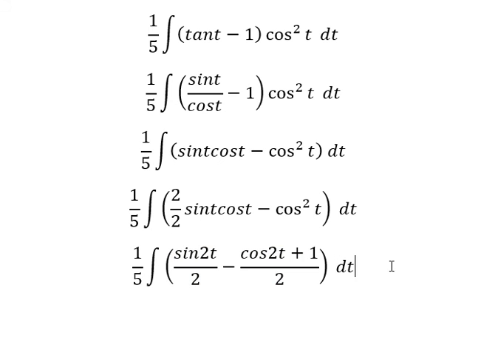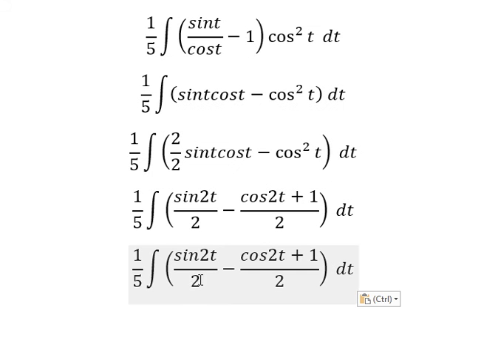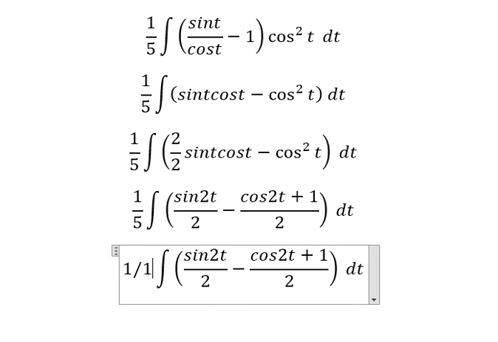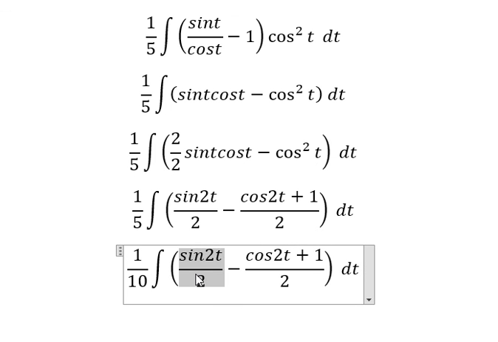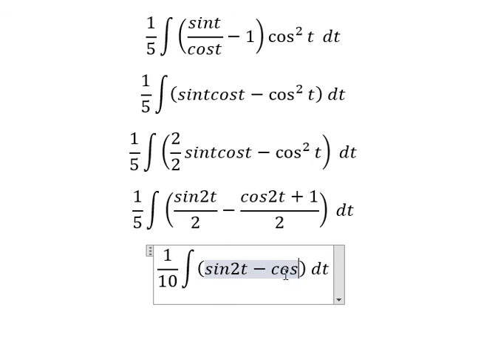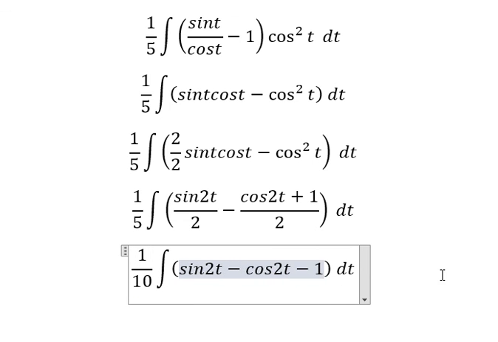And now I will put number 2 outside. 1 over 5 multiplied by 1 over 2, you get 1 over 10. And this one you get sine 2t. This one you get negative cosine 2t, negative number 1.